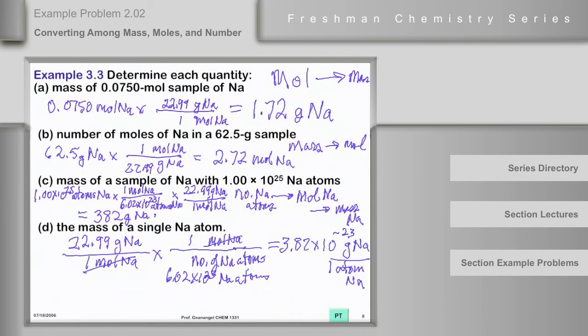So these are 4 examples of how to use conversion factors to go from mass to mole to number and various combinations thereof. Do you have a question? Yes?